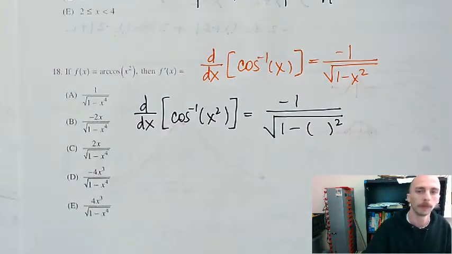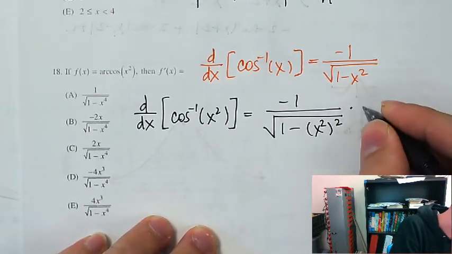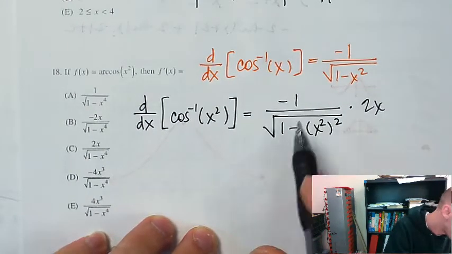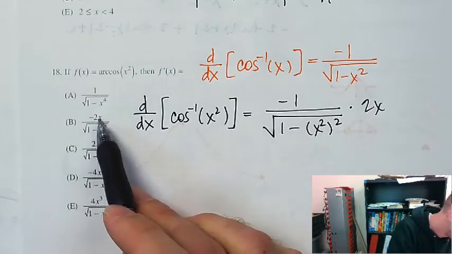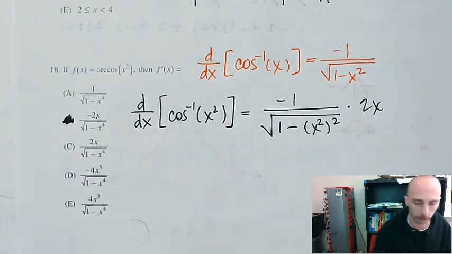And so where I would have put x, I'm going to put x squared, and then I'm going to multiply by 2x to account for the chain rule. So really, I think I'm looking for a negative 2x in a numerator. Yeah, here it is. And there's that one. Don't forget those obscure trig derivatives.